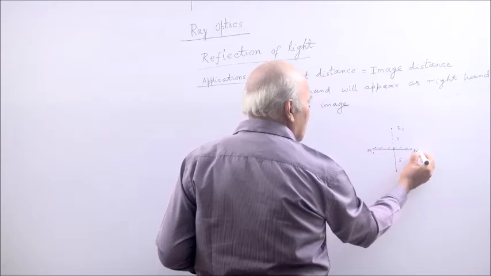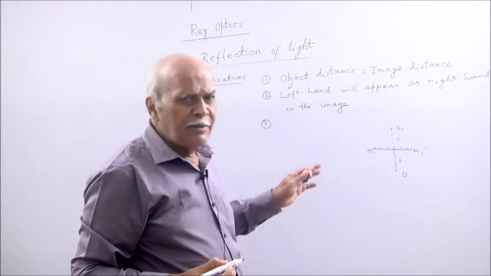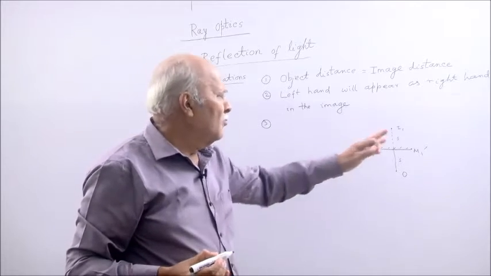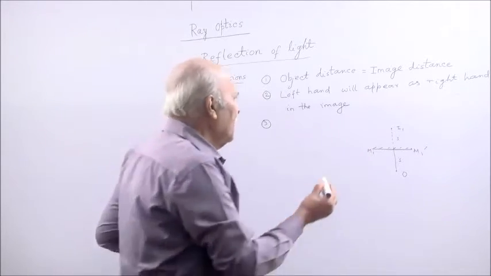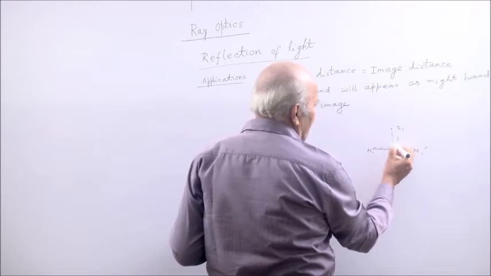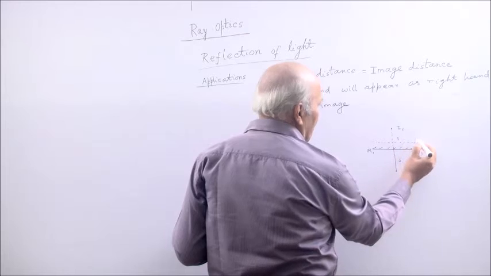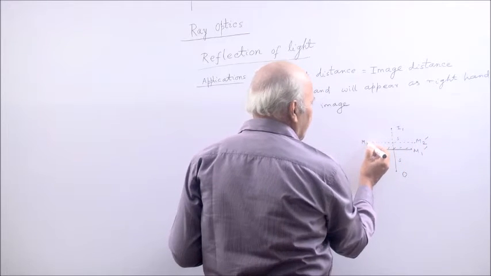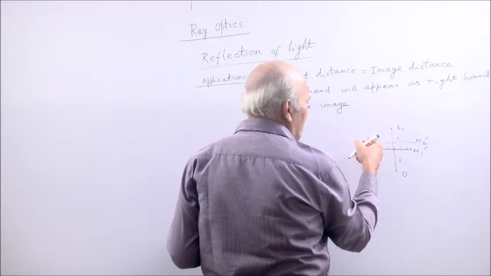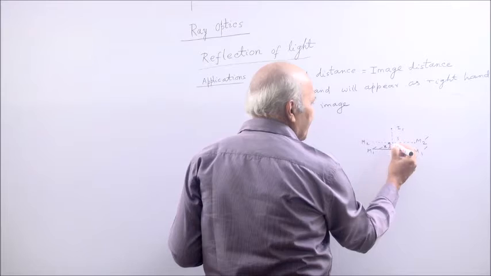First position of the plane mirror is M1, M1 dash. Then the second position, let us shift it to this position, that is M2, M2 dash. Suppose this displacement is x.